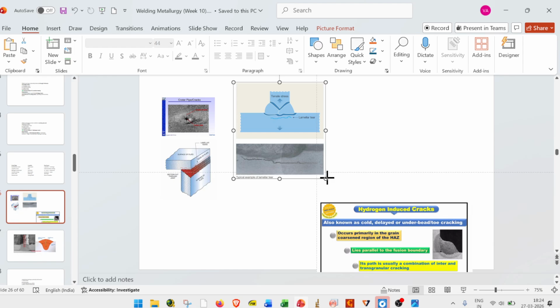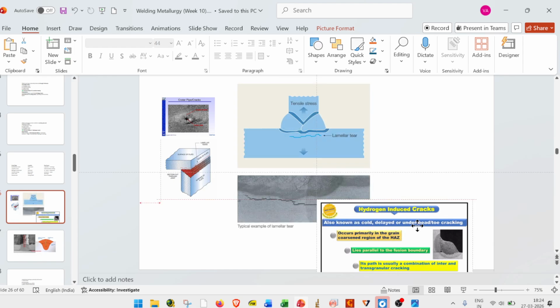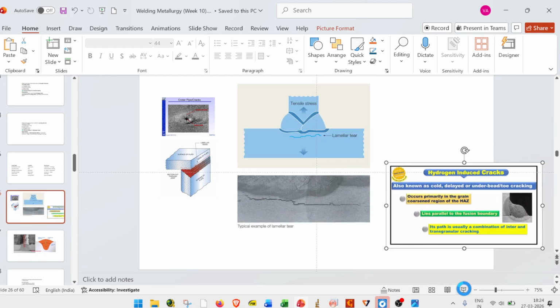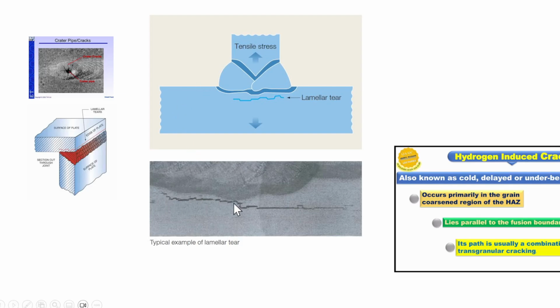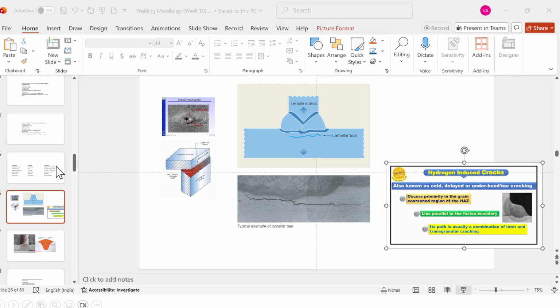Here are the laminar stresses. It takes place along the rolling direction in the base material. When brittle phases form, like manganese sulfide, iron sulfide and so on, they have less strength at the grain boundaries where they accumulate. Those will start to fracture and create cracking in the parallel laminar direction, laminar cracking.